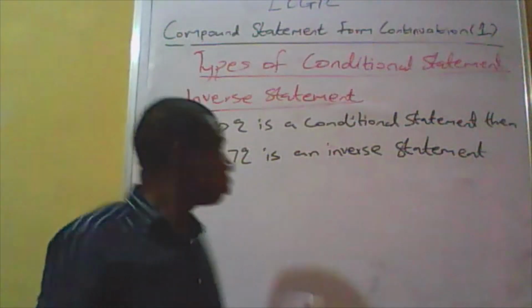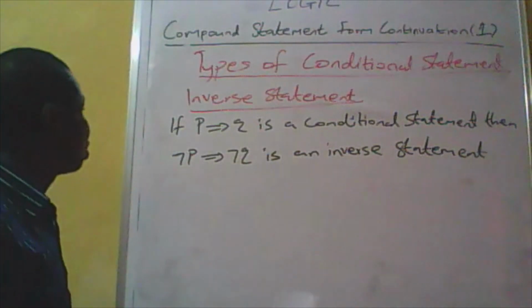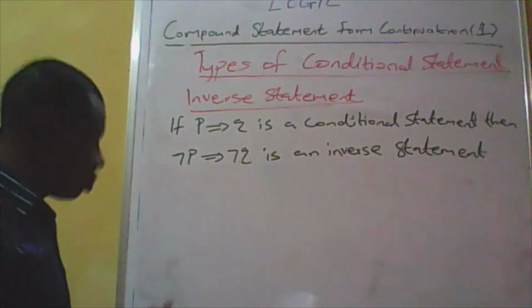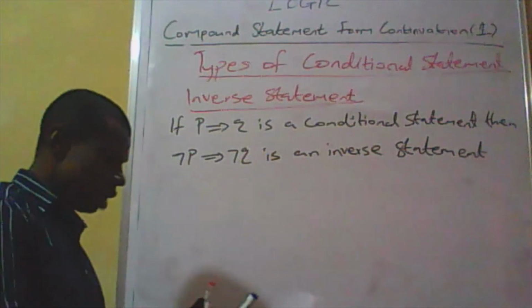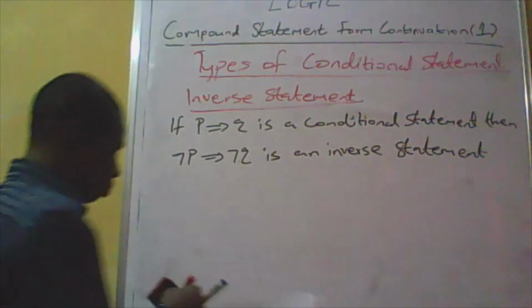Let's use the table to show all the possible combinations of the statements, the truth values of the statements and their valuations.